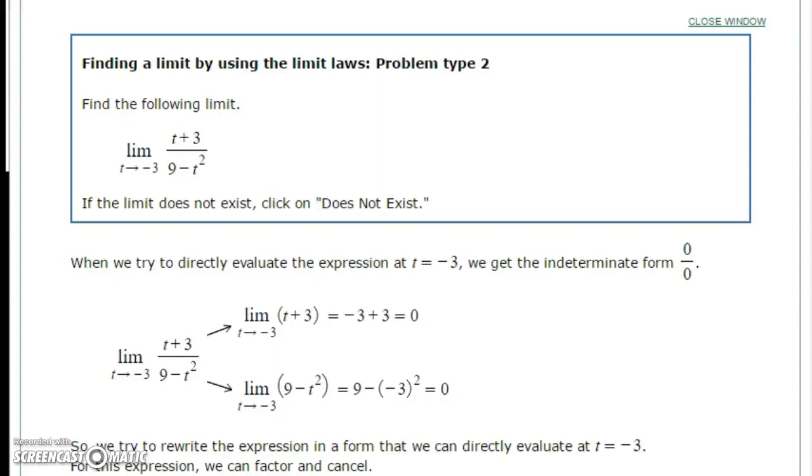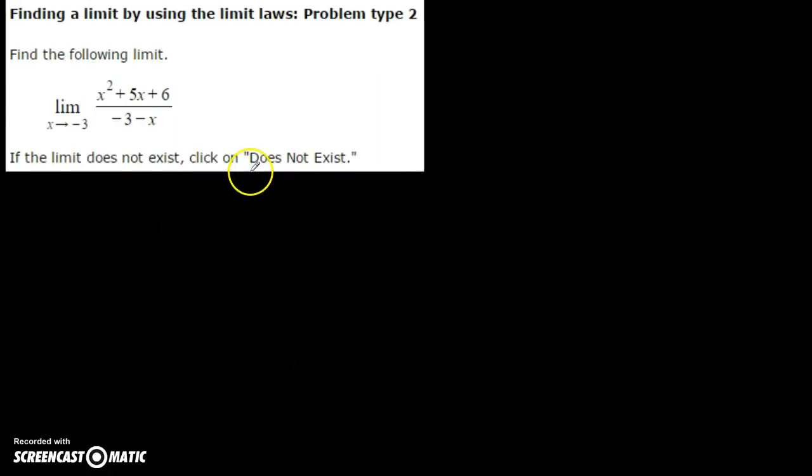In the previous example, the type 1, we could simply substitute the x value. But right now we can't, because I'm going to get something over 0. If I substitute -3 for x here, I get something over 0, and that is undefined. So what do I do?